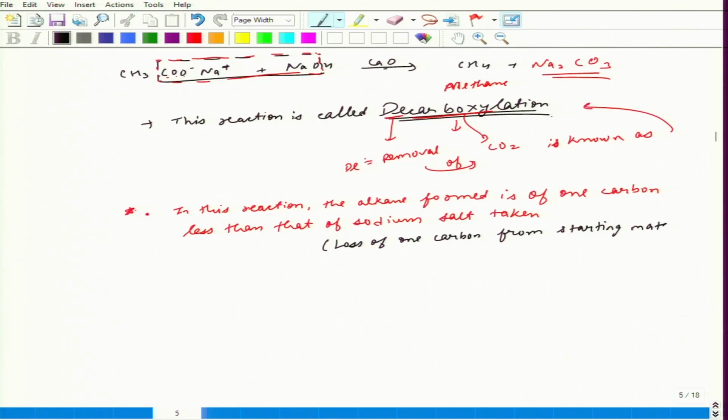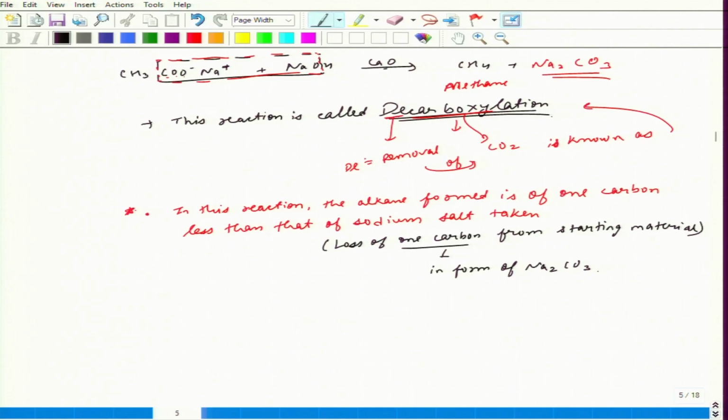Okay, 1 carbon is lost in the synthesis, and it is lost in the form of Na2CO3. Obviously, we have to maintain the reactant weight and the product weight, so the carbon is not lost from the reaction; it has gone into the formation of a side product, that is sodium carbonate.